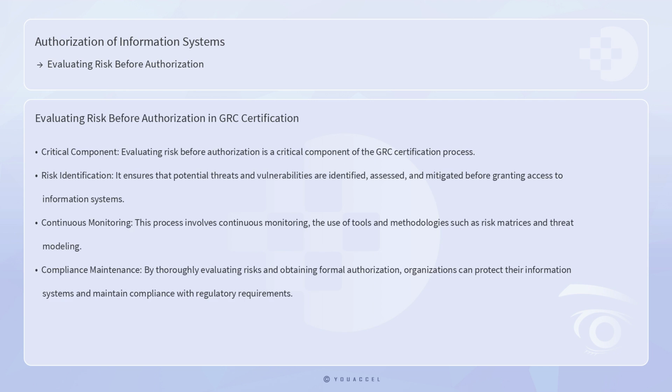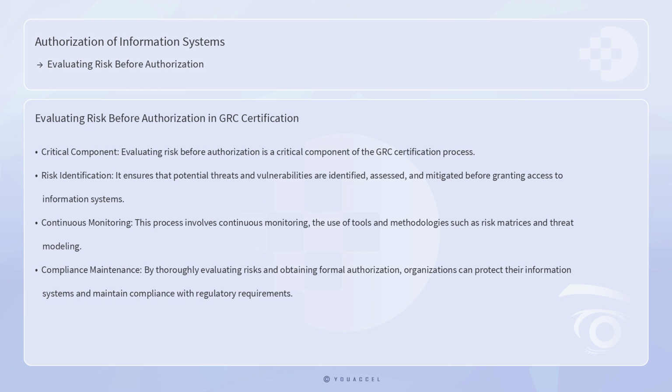In conclusion, evaluating risk before authorization is a critical component of the GRC certification process. It ensures that potential threats and vulnerabilities are identified, assessed, and mitigated before granting access to information systems. This process involves continuous monitoring, the use of tools and methodologies such as risk matrices and threat modeling, and the careful consideration of risk response strategies.